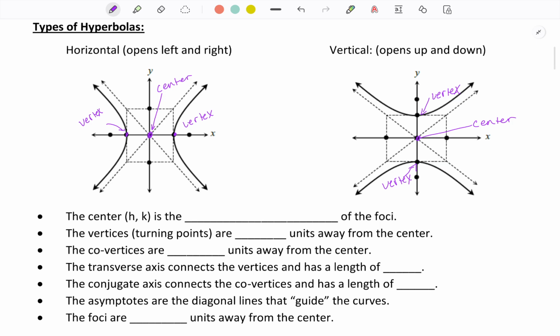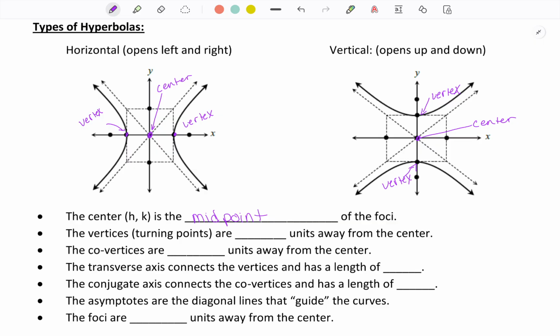And just like the ellipse, that center is the midpoint of the foci. It's also the midpoint of the vertices.